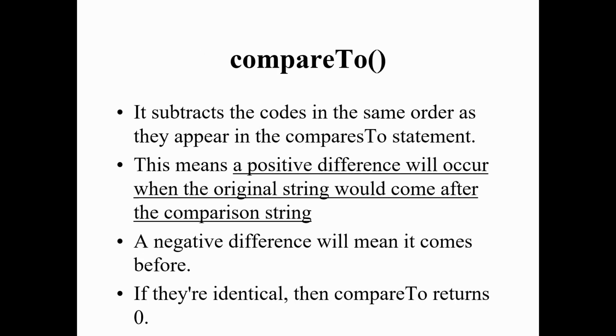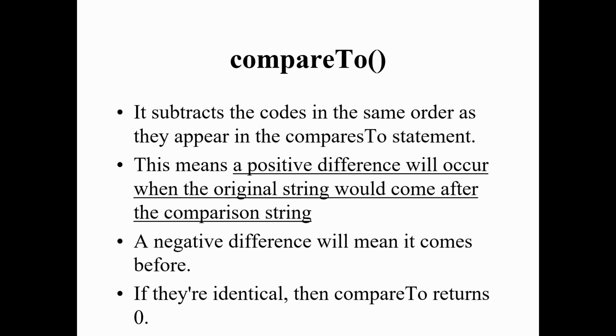Technically, it subtracts the ASCII codes. And so, listen, capital letters have smaller ASCII codes than lowercase letters, which is weird. But the main point, you have to be careful about that if they're capital versus lowercase.